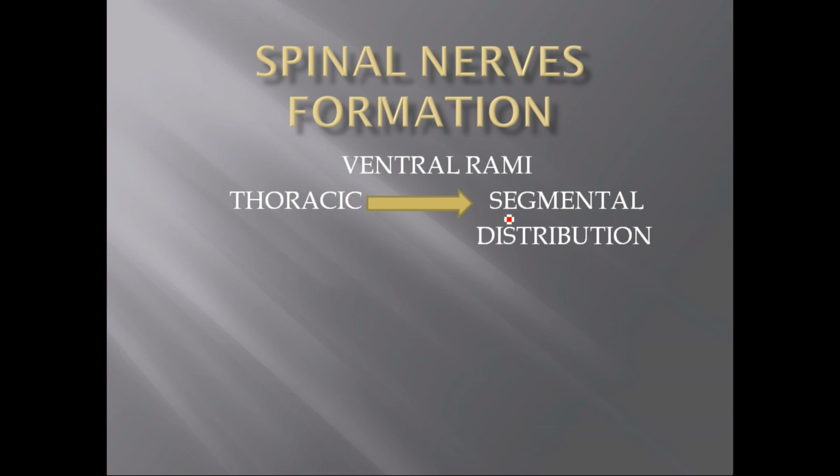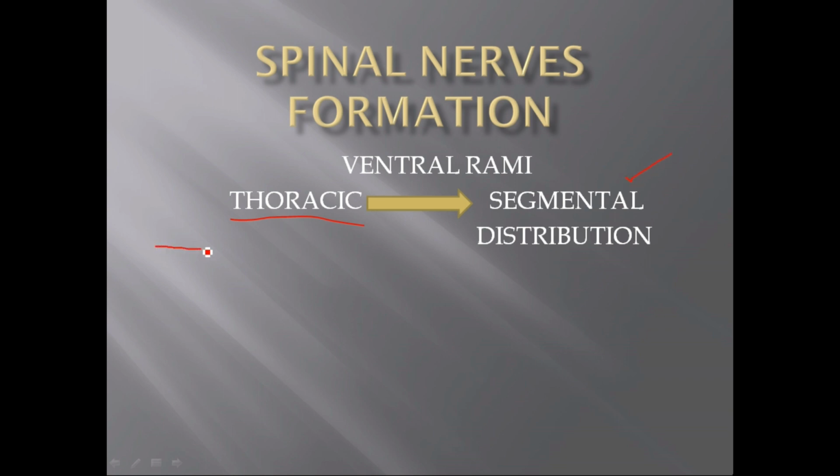Actually, each spinal nerve supplies a very specific region, even on the skin. The whole body is divided into specific regions supplied by specific spinal nerves, and this is called a dermatome. So the thoracic spinal nerves have a high degree of segmental distribution on the body.